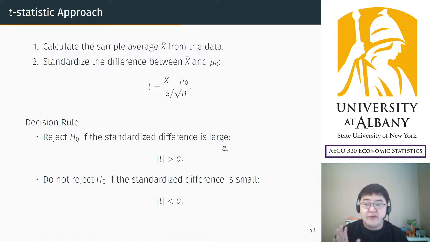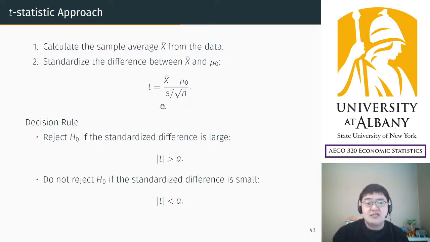The major difference between the t-statistic and the p-value is that the t-statistic captures the direction. The p-value is only between 0 and 1, 0% to 100%. So even if it's, say, 5%, it does not say whether x bar is too large or too small.